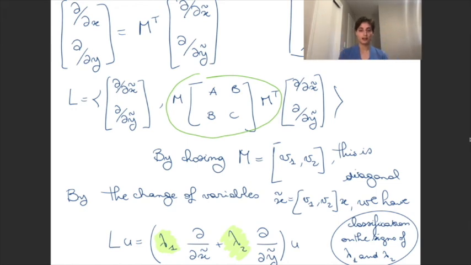So by the change of variable in which x̃ is equal to v1 and v2 times x, then we can rewrite L applied to u as λ1 ∂/∂x̃ plus λ2 ∂/∂ỹ applied to u, instead of all derivatives with respect to x. So now we can have a classification with respect to the signs of λ1 and λ2.